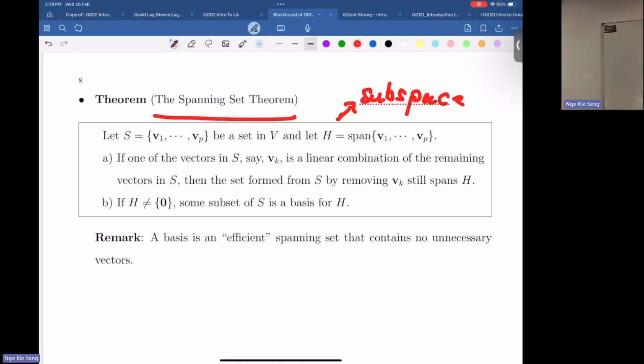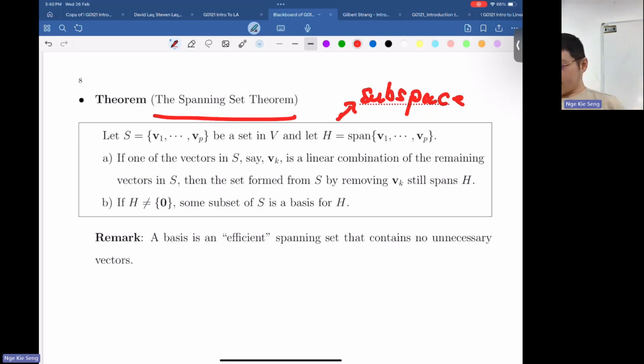There are two parts here. I think I cannot go too far today, I need to record. If one of the vectors in X, say Vk, is a linear combination of the remaining vectors, then the set formed from X by removing Vk still spans H.